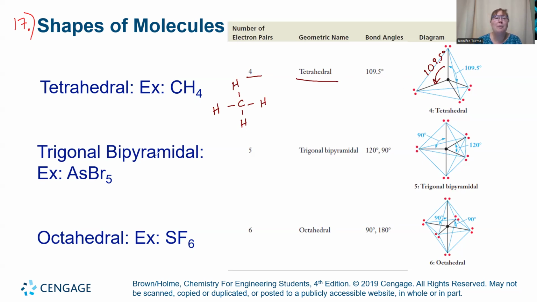Now we have a trigonal bipyramidal. And you can see here that you form this triangle in one plane, and then you have these sticking up above. So let me draw that arsenic pentabromide that we had before, but let me draw it with the structures that we have here.